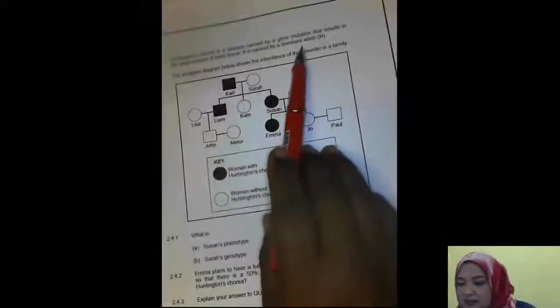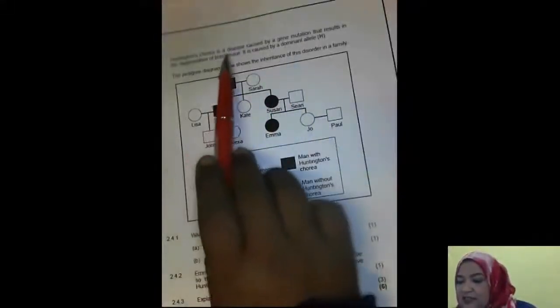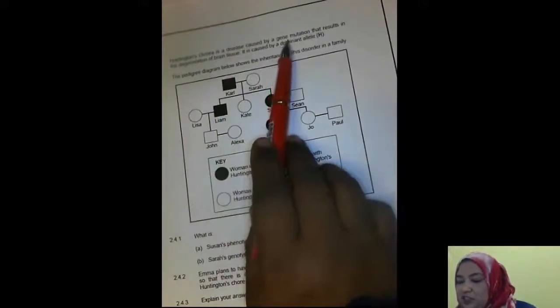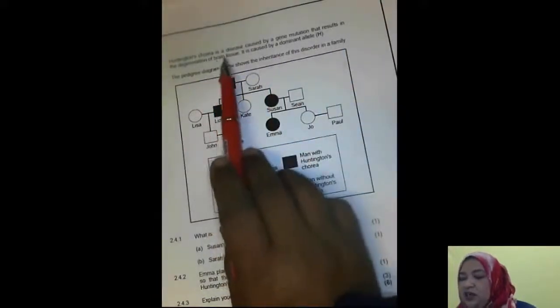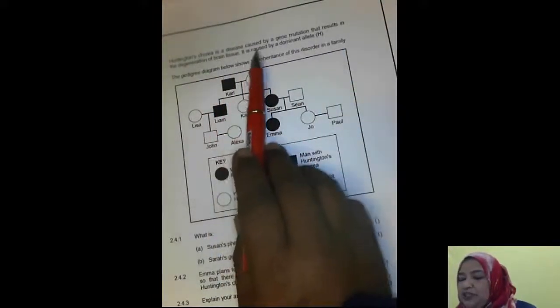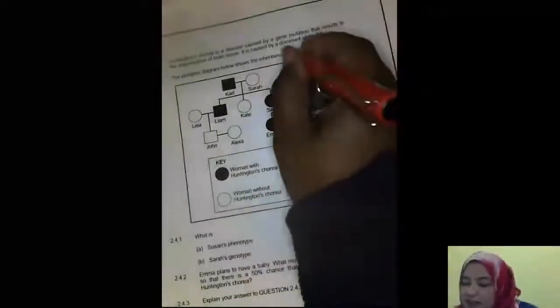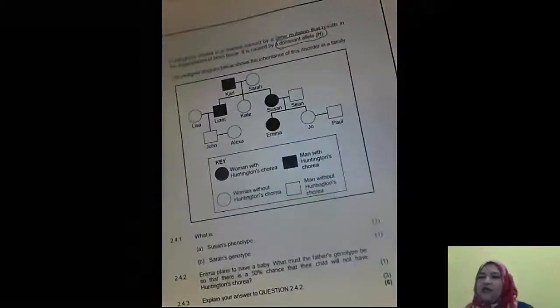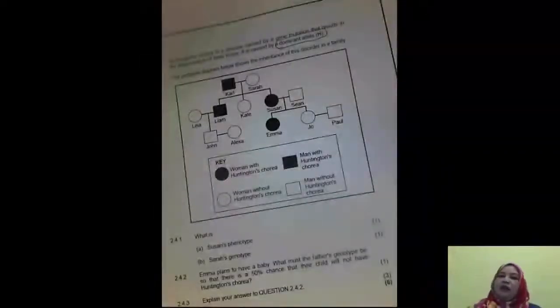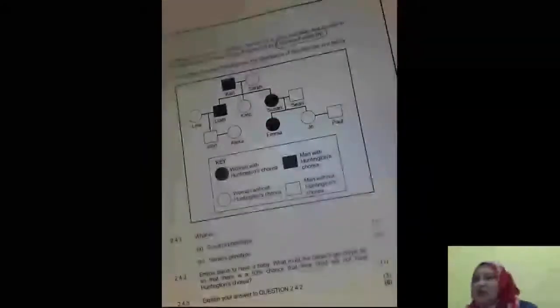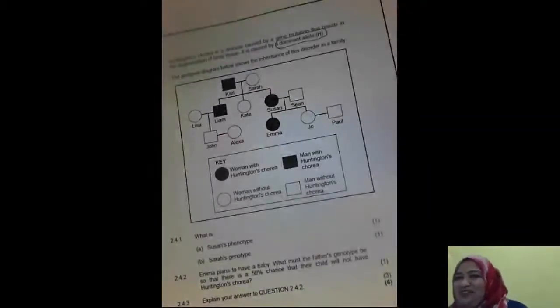Did you read that there? It says, Huntington's chorea is a disease caused by a gene mutation that results in degeneration of brain tissue, and it is caused by a dominant allele. This is very important because we normally are used to diseases being caused by recessive alleles, but now we see that it's actually being caused by a dominant allele. So what does that tell me?